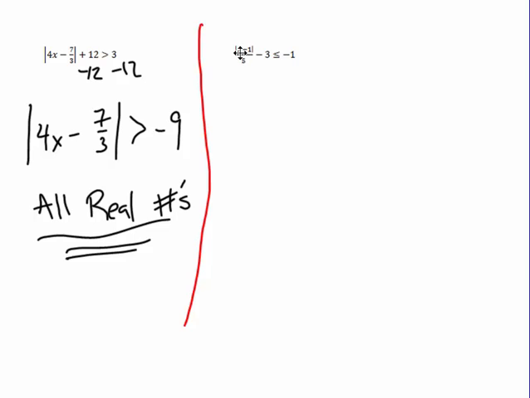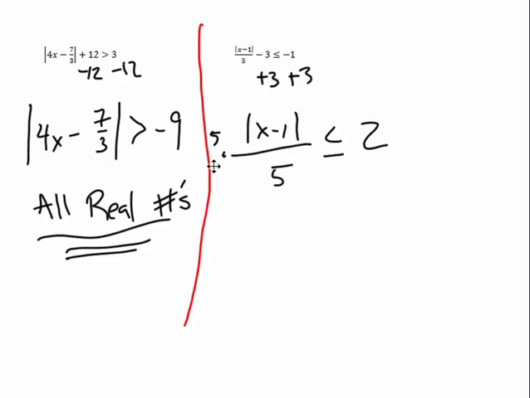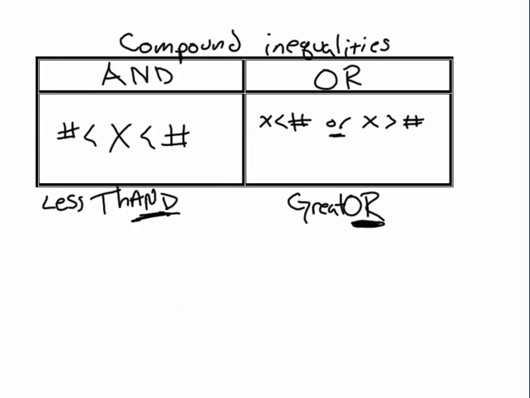So I add 3 to both sides, and I get the absolute value of x minus 1 over 5 is less than or equal to 2. Multiply both sides by 5 over 1. That cancels here. Multiply that by 5, and I get the absolute value of x minus 1 is less than or equal to 10. So here it's less than, right? Less than.